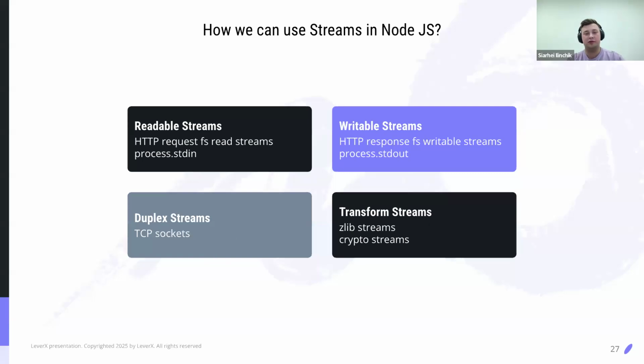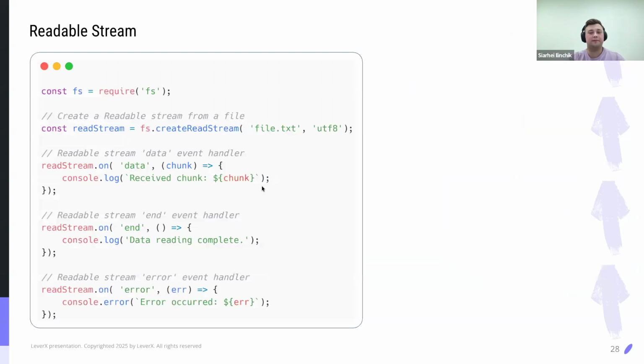And then we have transform streams. We need to transform the data in some way, and we can find this stream in zlib streams, where we are archiving the data. And basically, that's it about the types of streams. Now let's take a look at how we can use them.